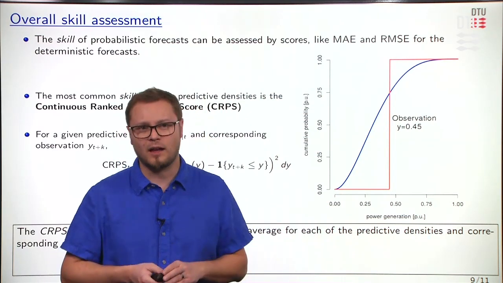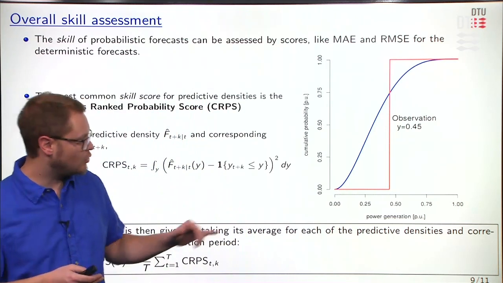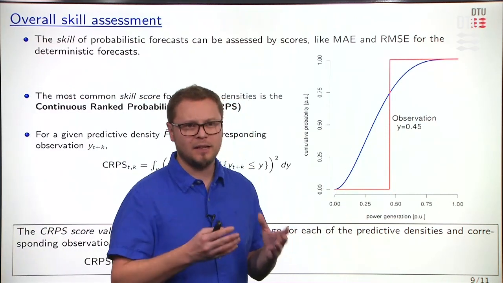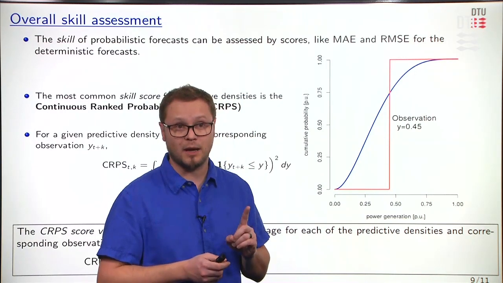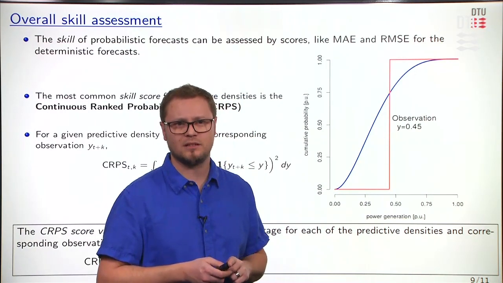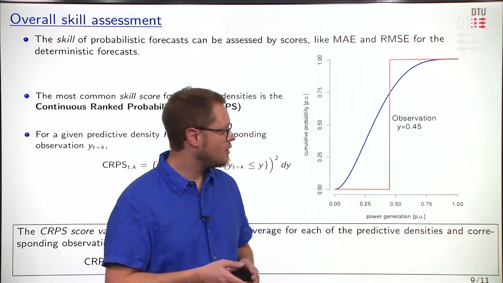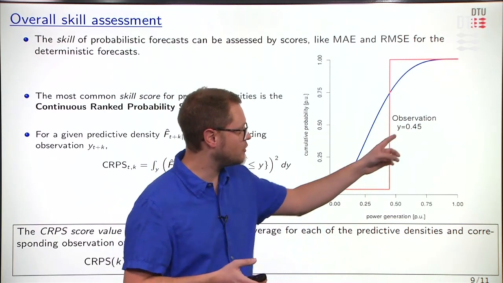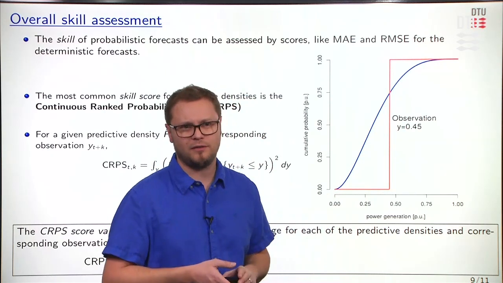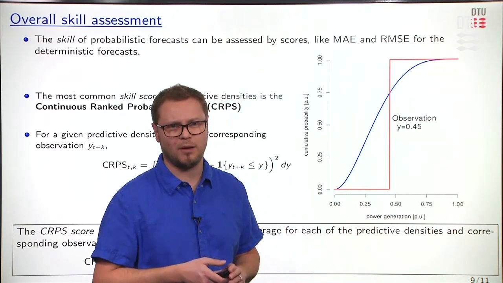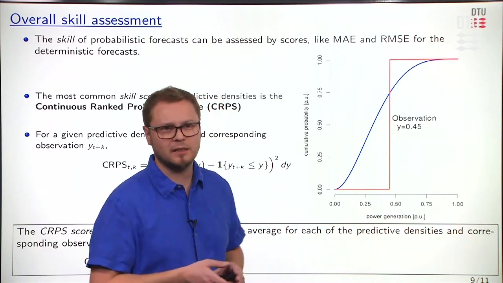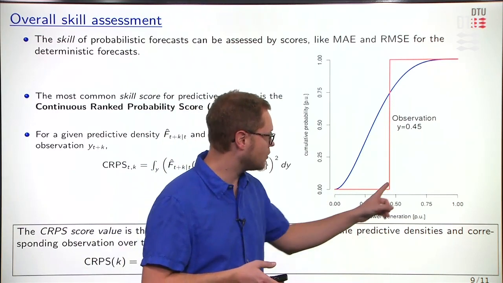The perfect forecast in that case would be the red line. I explained earlier, a perfect probabilistic forecast is to put all probability mass on a single value, which is the observation itself. So in this case, let's assume the observation was 0.45, so power generation of 45% of nominal capacity. In terms of cumulative distribution function, this is how it would look.